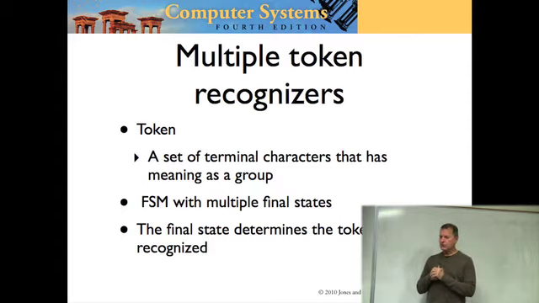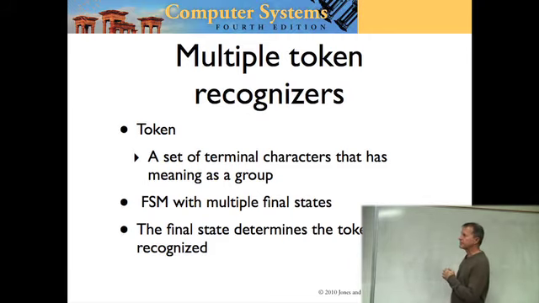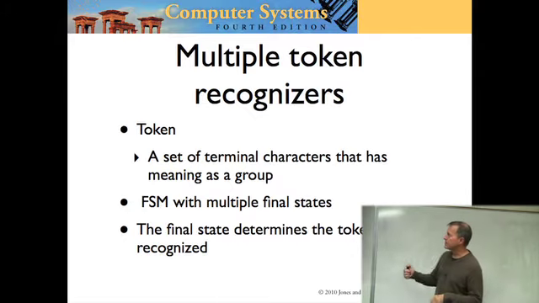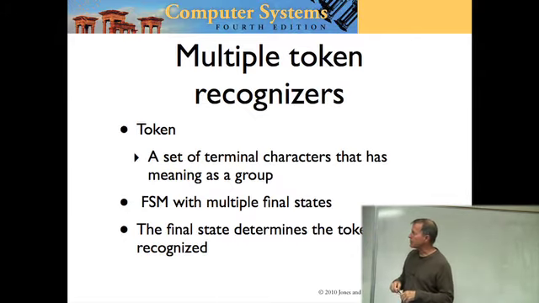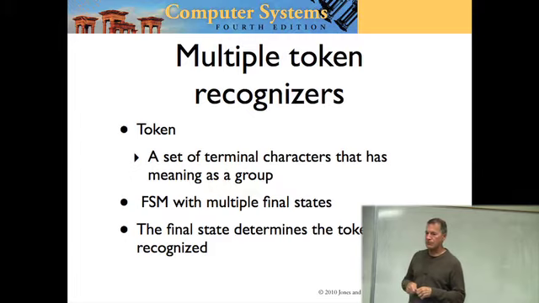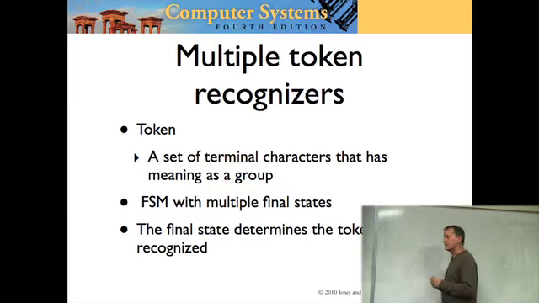I'm not sure if you do multiple token recognizers in automata theory or not, because this is a very practical application. First, what is a token? A token, according to this definition on this slide, is a set of terminal characters that has meaning as a group.